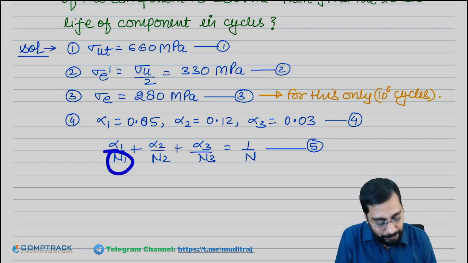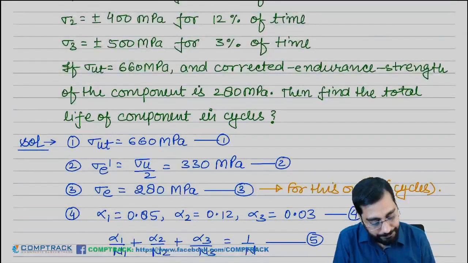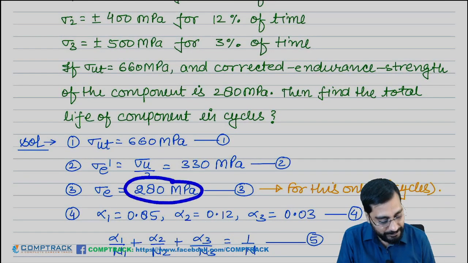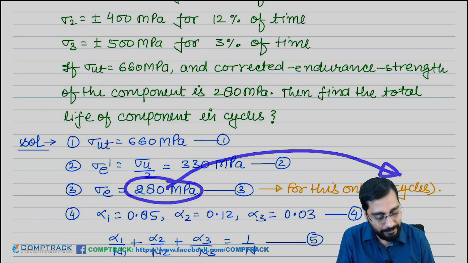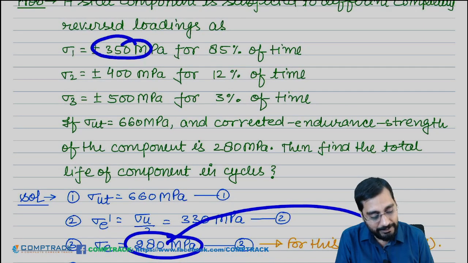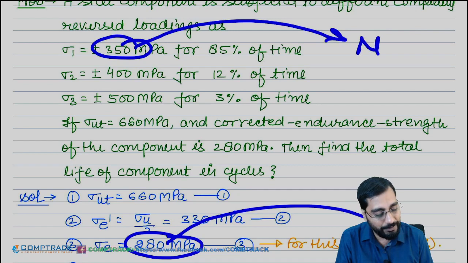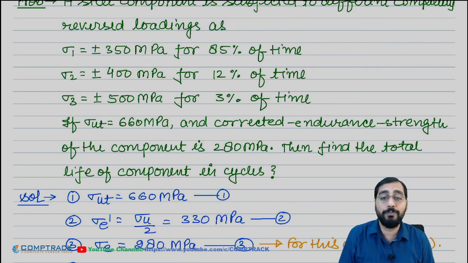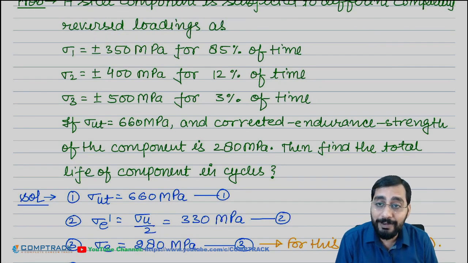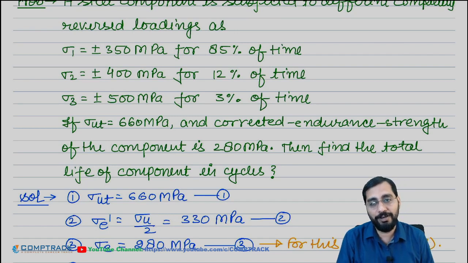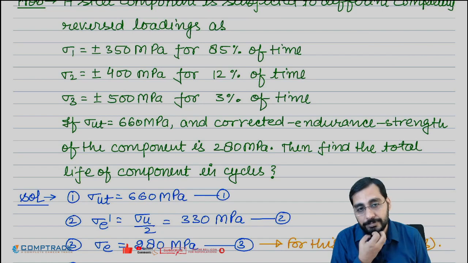How to find the capital N1? Capital N1 will be, for this stress, how many cycles it will complete. Those will be the total number of cycle capital N1. So that we can find by what? SN curve. Yes or no?